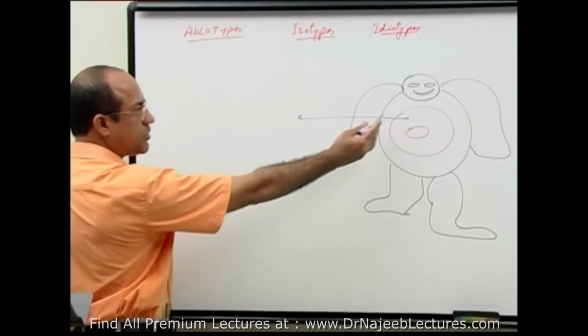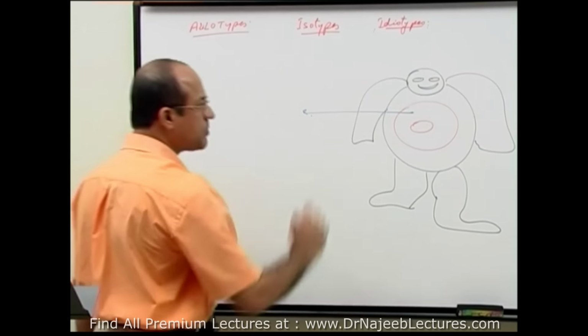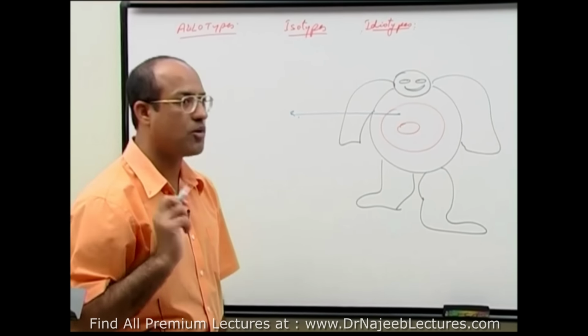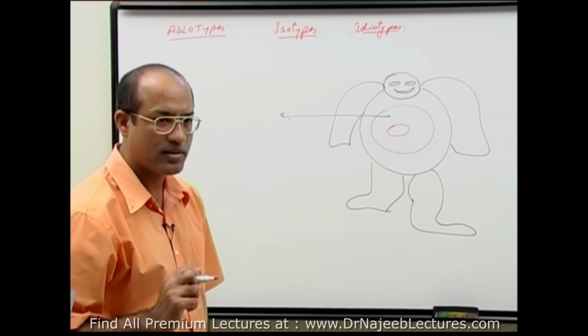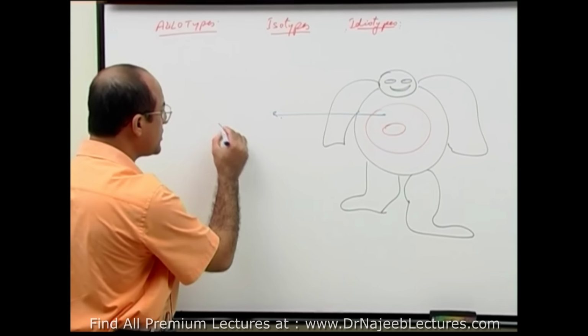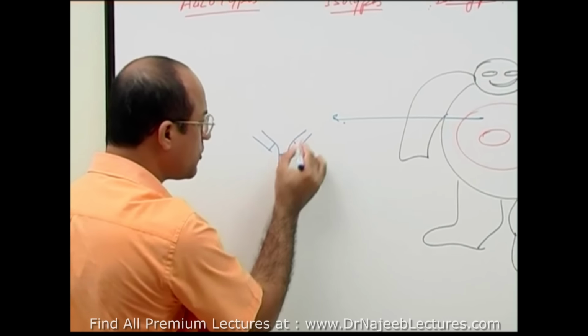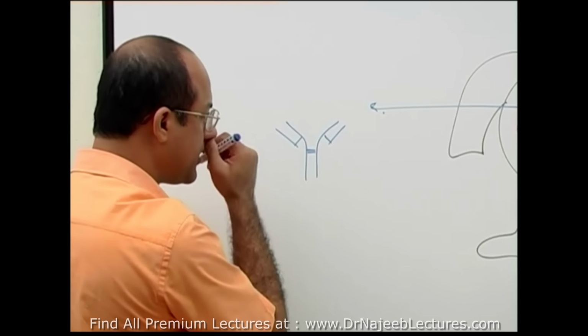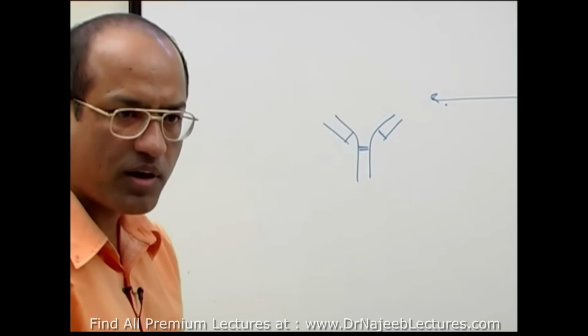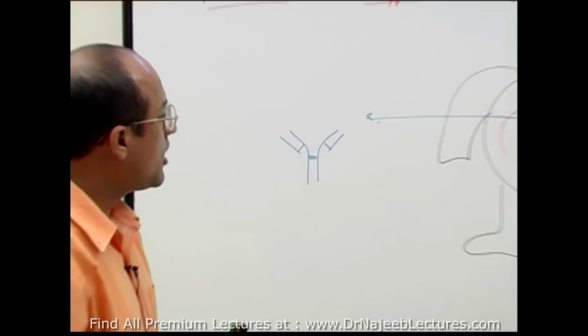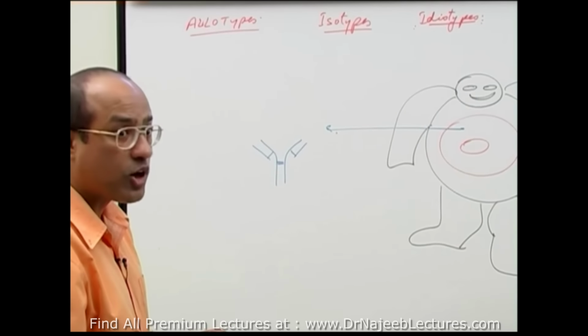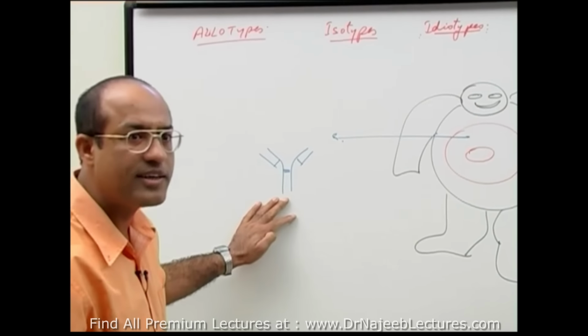Now all the antibodies which we can bring out from one person have something in common. Right? Because antibodies are just peptide chains. These are 4 peptide chains, 2 heavy chains and 2 light chains held together by disulfide bonds. Is that right? And because antibodies are proteins, they are antigenic.